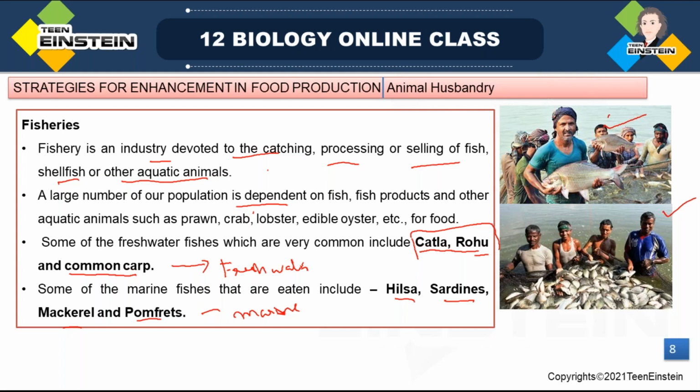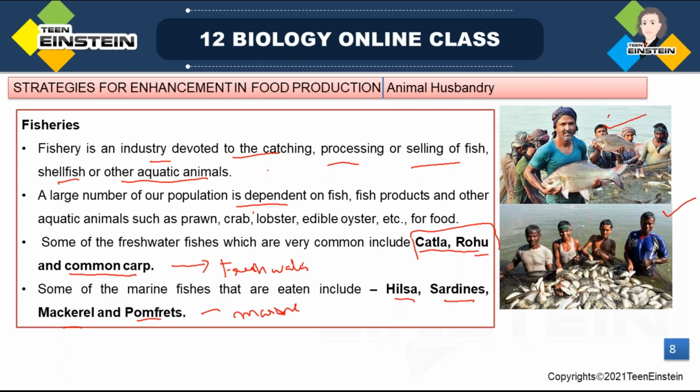Fisheries has a very important place in the Indian economy, and it provides income and employment for so many people, like fishermen and farmers, particularly in coastal areas. So for many people, that is a source of income.